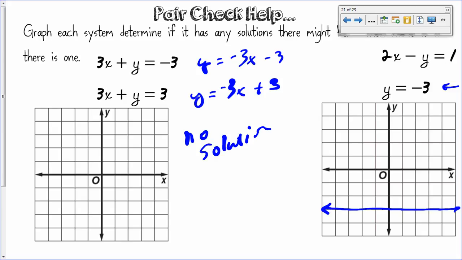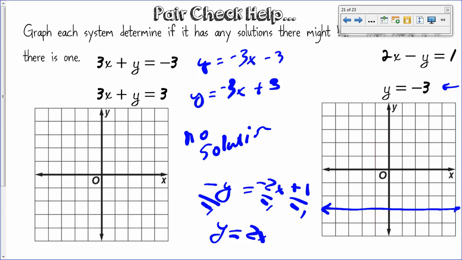Okay, then the other one. Negative y equals negative 2x plus 1 divided by negative 1. Two x minus 1.